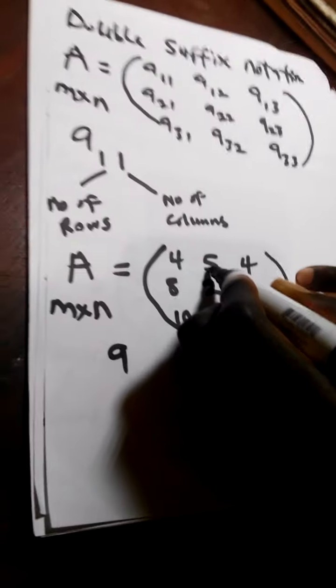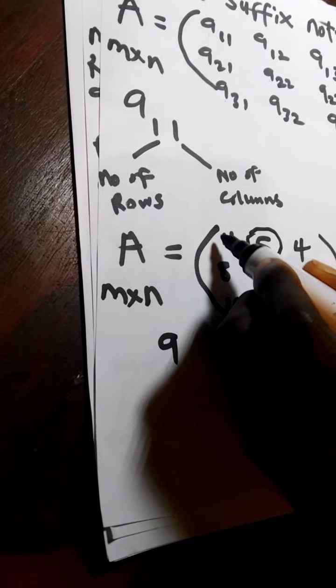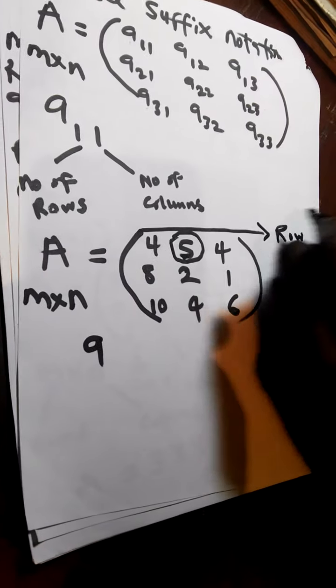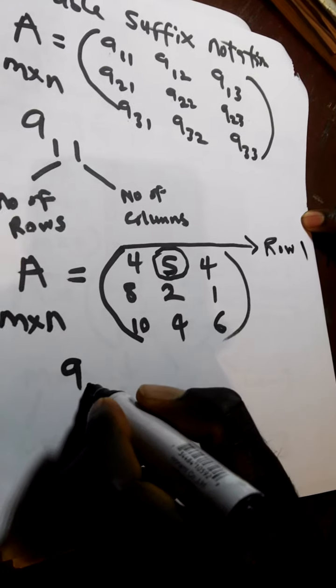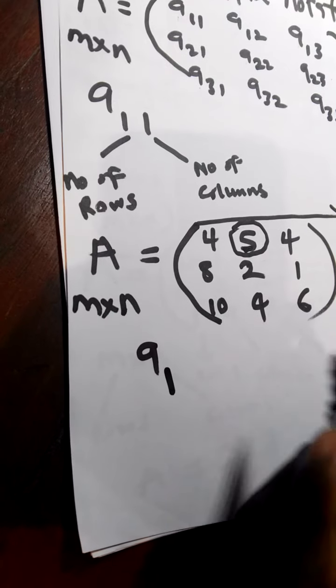Now, I said what is the positioning of the entry 5 in the given matrix. This 5 here is in row 1. It's coming from row 1. Now you see how this double suffix notation works. So I've gotten 1 here, which is A1. Now, the column is in what position?